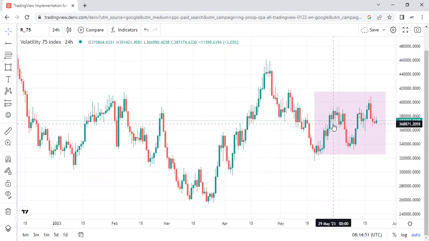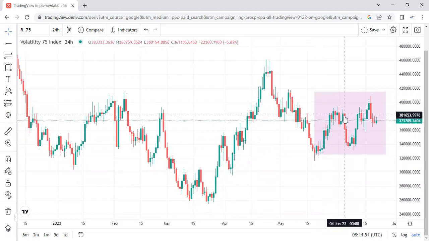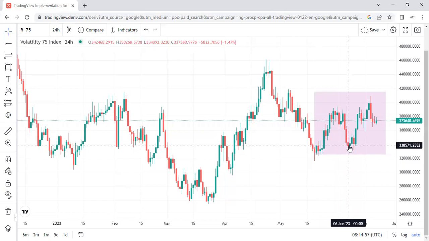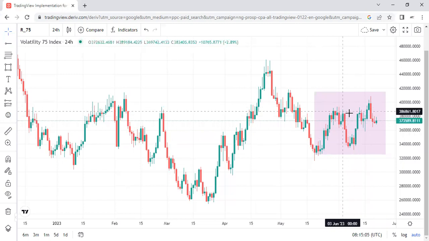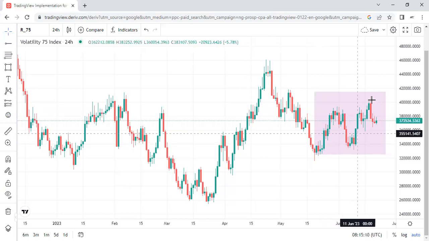But there's a change of character over here. So as we have a change of character, then you can say that from year to year we're bearish, right? But as you can see, the market gives us a reversal again, and then it moves up. Now, at this point, we can say that we are in a bullish market. That is, from year to year, we are bullish.